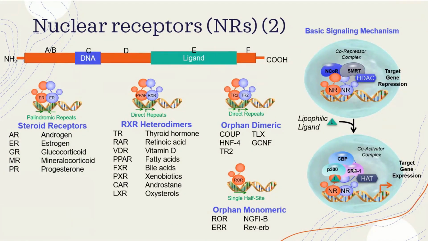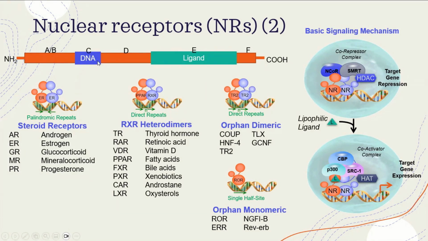The two domains that I want to focus on are the DNA binding domain and the ligand binding domain. Every receptor has specific structures of ligand that it's looking for. For example, the androgen receptor is looking for androgen testosterone structure in order to bind and regulate gene expression.